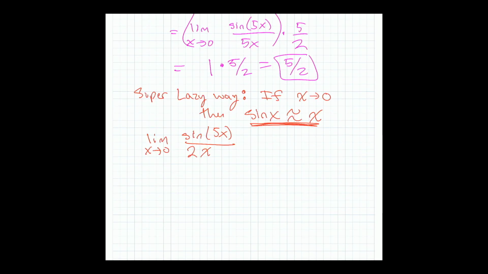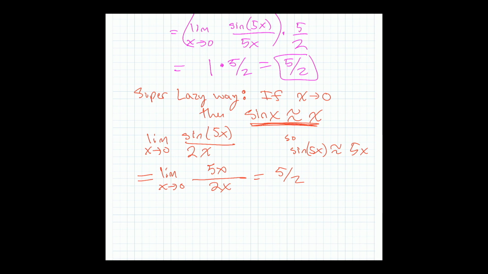What you could do is say that should be the same limit as, well, if sine x is approximately x, then sine 5x should be approximately 5x. It should. So you can just replace the top with 5x, and then you just have 5x over 2x, which is 5/2.